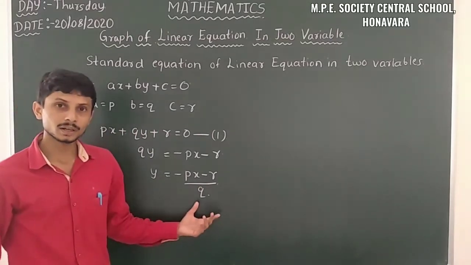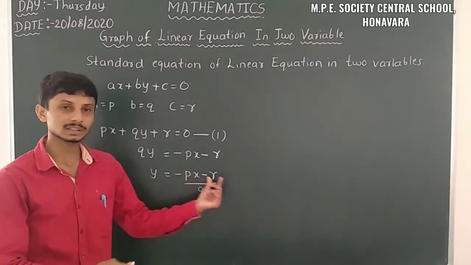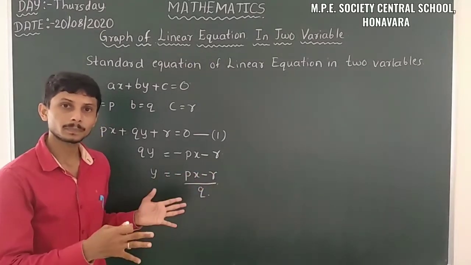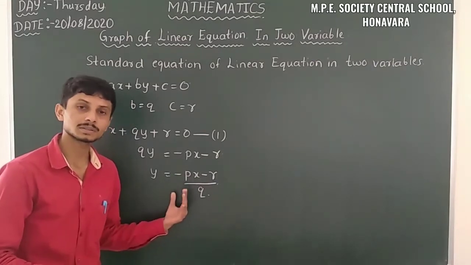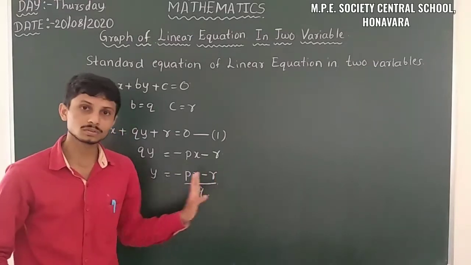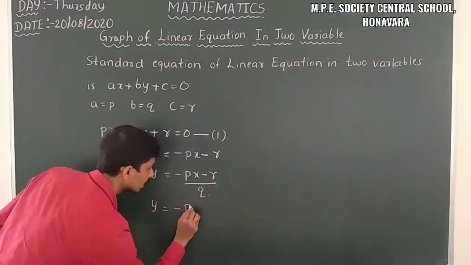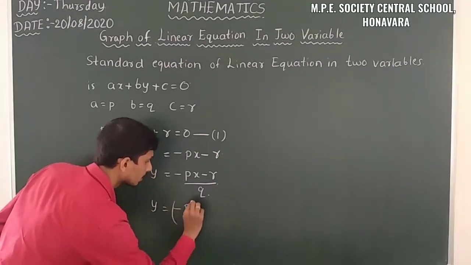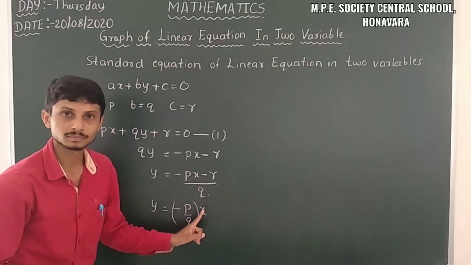So here the denominator q is there. I will split this denominator and share it with these two terms. It means here y is equal to minus p by q into x, and I take the plus sign here.